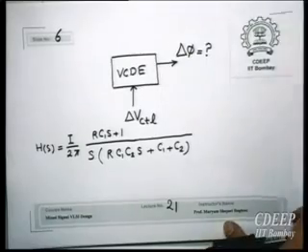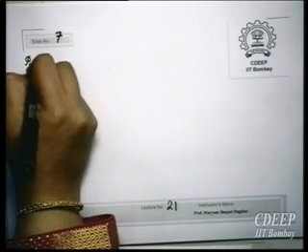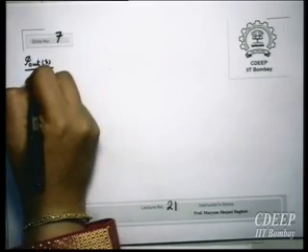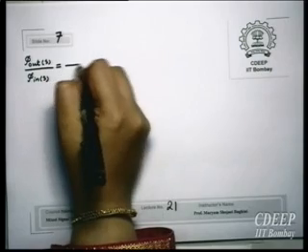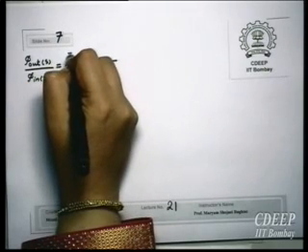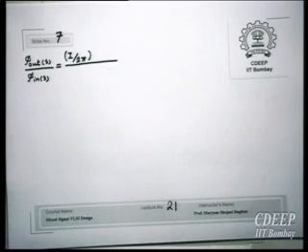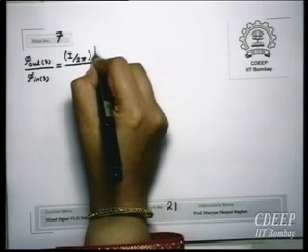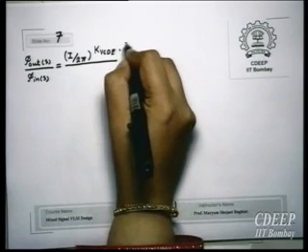And therefore, the total transfer function of the loop will be, let me write the final value, I upon 2 pi, K_VCDE into 2 pi upon T.